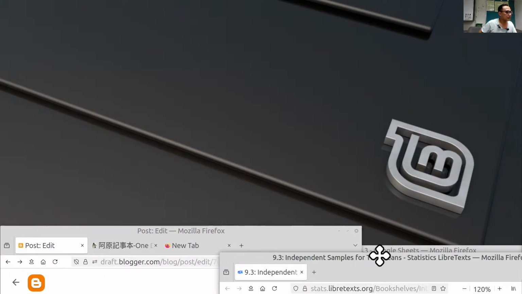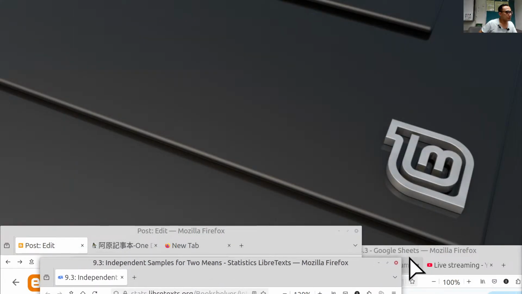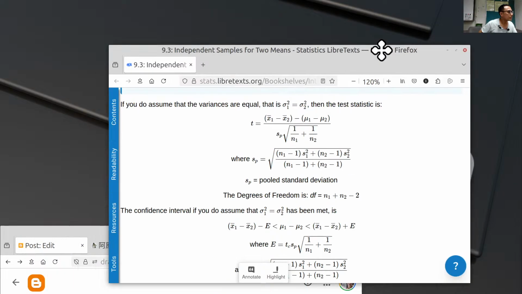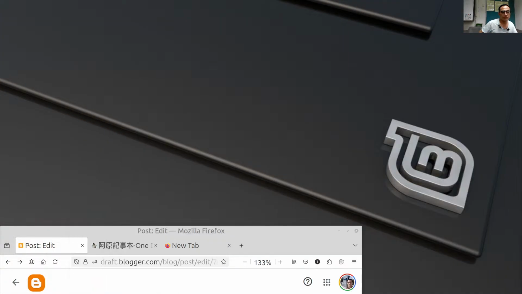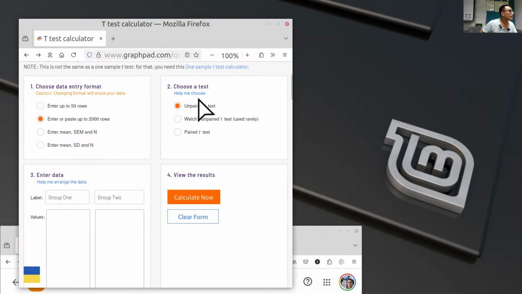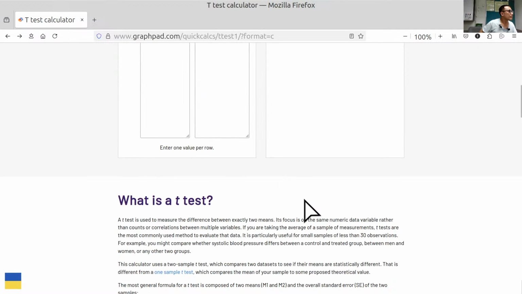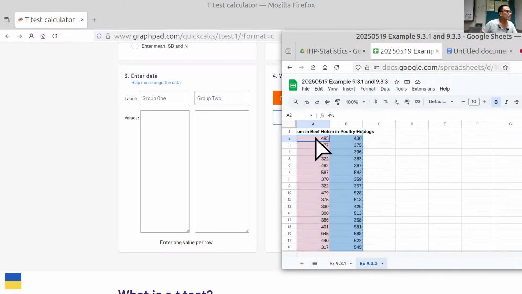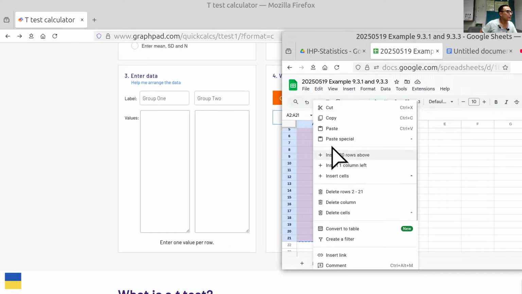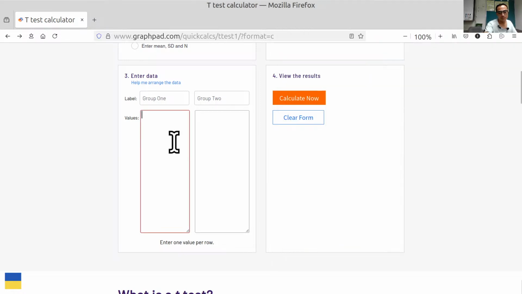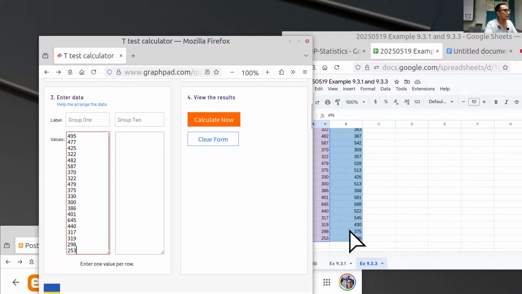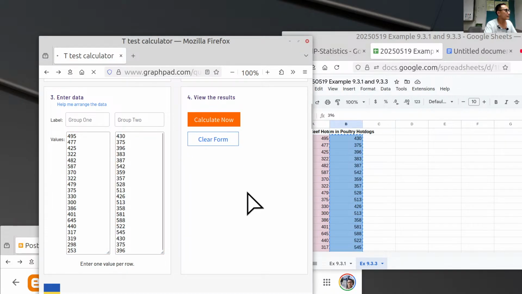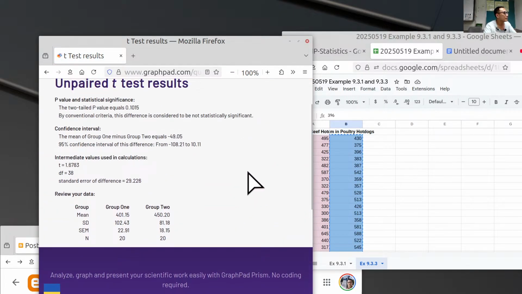So how about the answer? This one. Let me show it again. Copy, paste, and copy, and paste, and calculate, and got the answer.